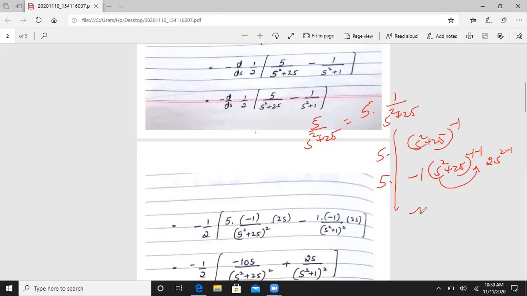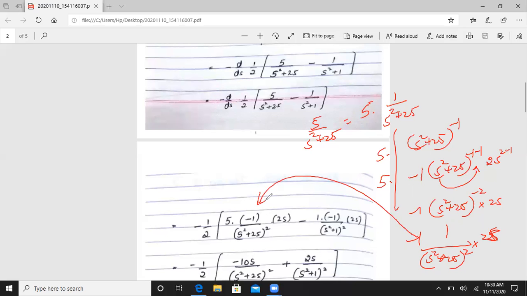When we simplify, we get minus 1 into s square plus 25 whole square into 2s. That is, 5 is a constant term, and this becomes minus 1 and 2s, divided by s square plus 25 whole square.